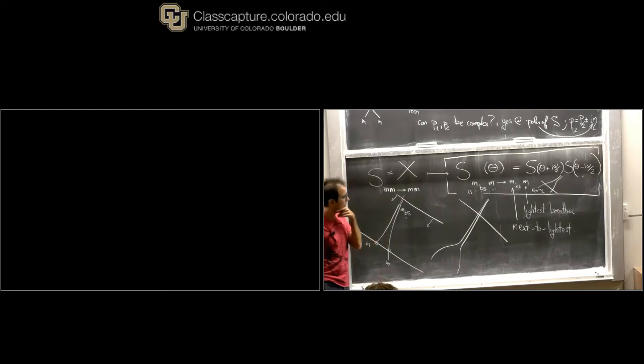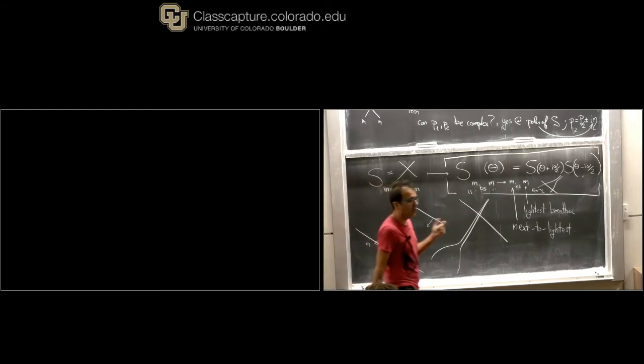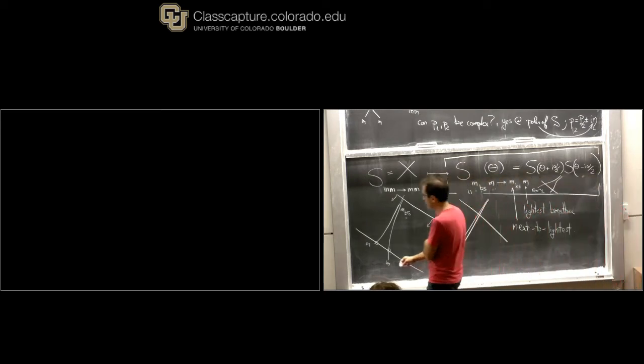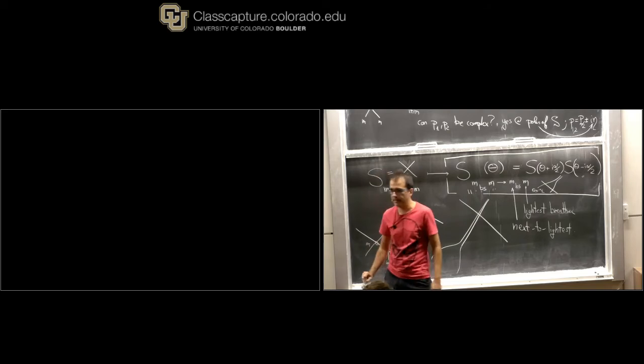Okay. Let's do one more exercise. What do you think happens in this theory? I'll tell you that this theory has a coupling, and you can turn off the coupling and the theory becomes free. What do you expect to happen when the theory becomes free? What should happen to these expressions that we are manipulating? What should happen to the S matrix when the coupling goes to 0?